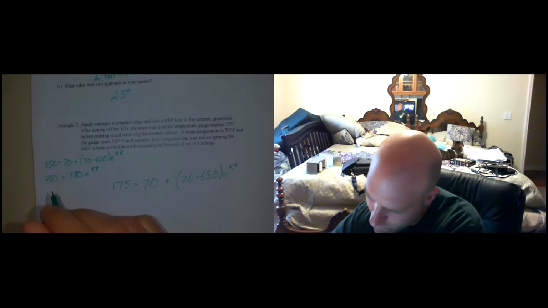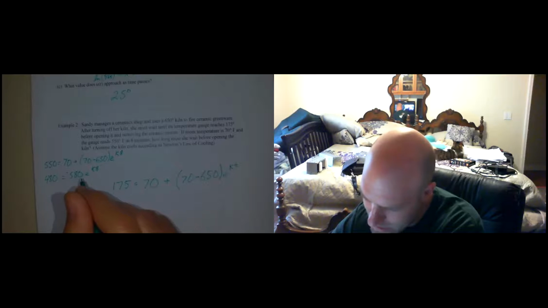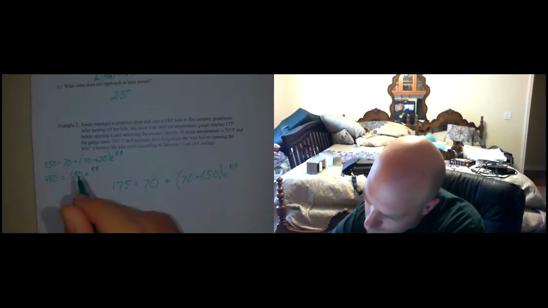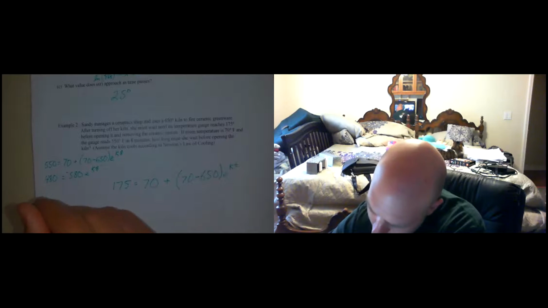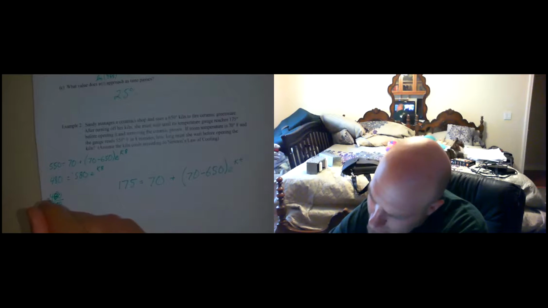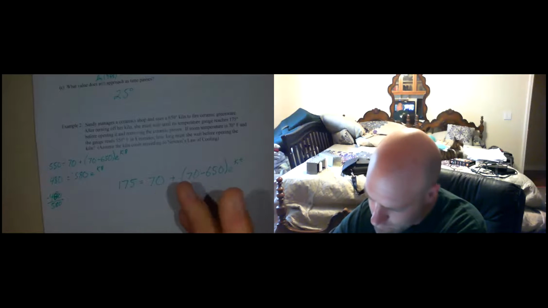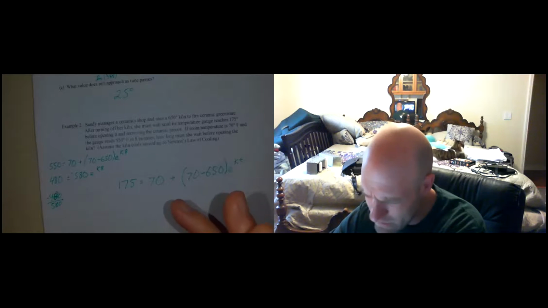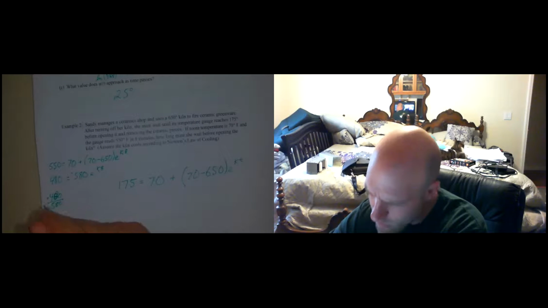When I divide, I'm going to end up with a negative over here, which is problematic. I get 480 over 580. Sorry about that weird 8 there. But it's a negative. e to what power would be negative? None of them. Really, we can just ignore that.